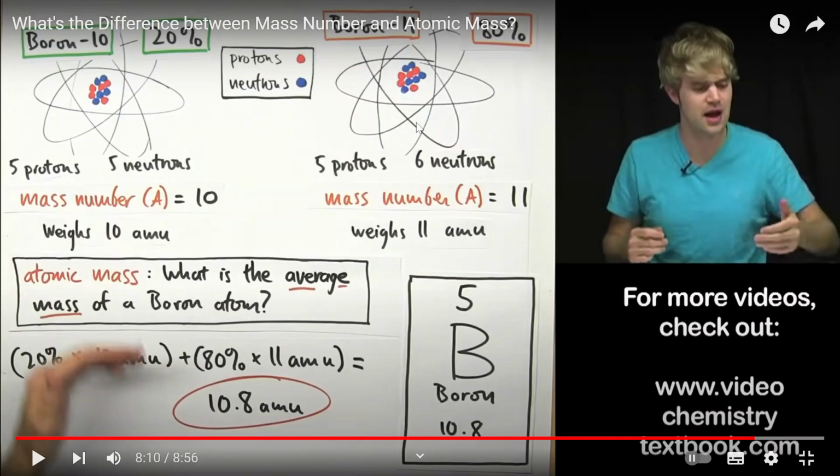It takes into account the amount of each that you have, also known as the abundance, how many of them there are, and then you do this math, taking into account the abundance to find the average mass of all of the different types of boron. So that is the difference between mass number and atomic mass. If you want to learn more about how to calculate atomic mass, I've got videos on that.